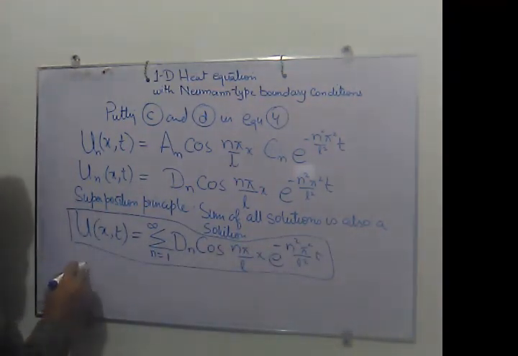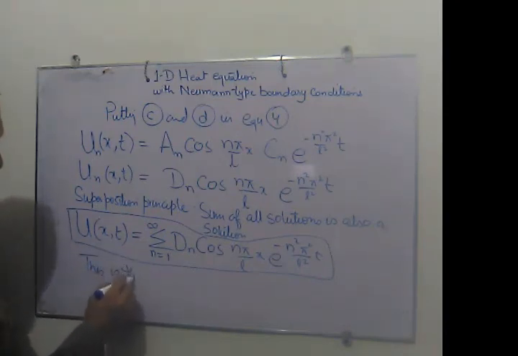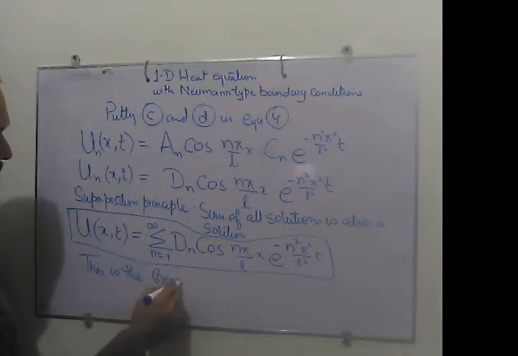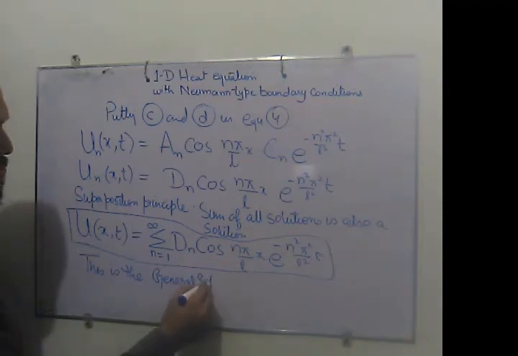Now this is the general solution. Finally we have got the general solution for the one-dimensional heat equation with Neumann type boundary conditions.